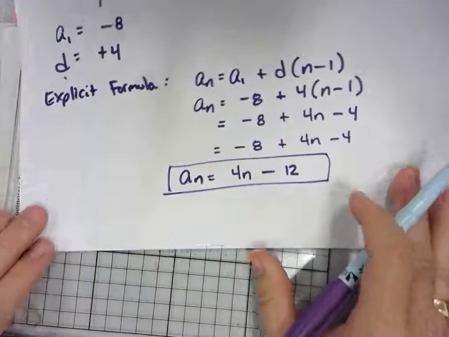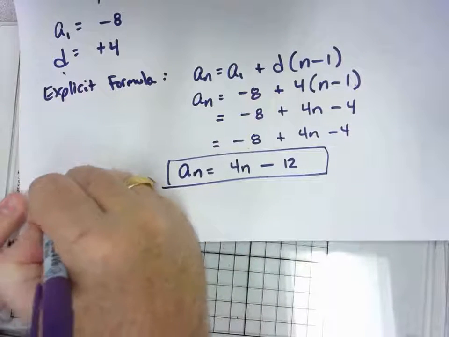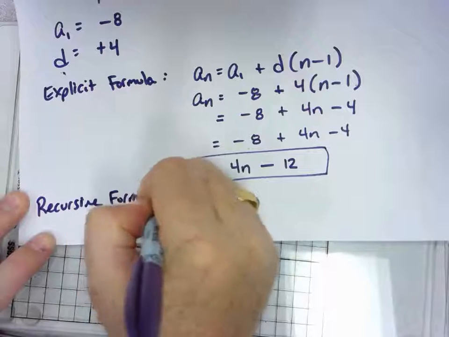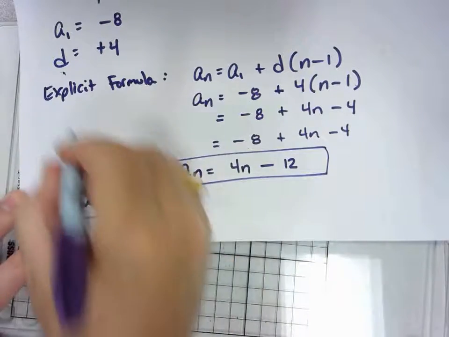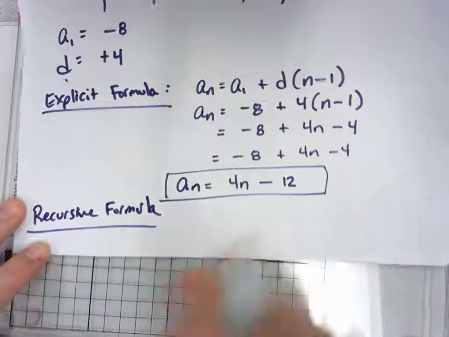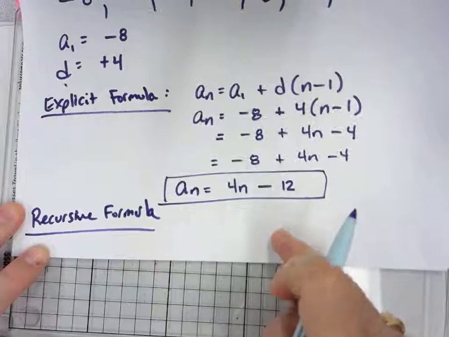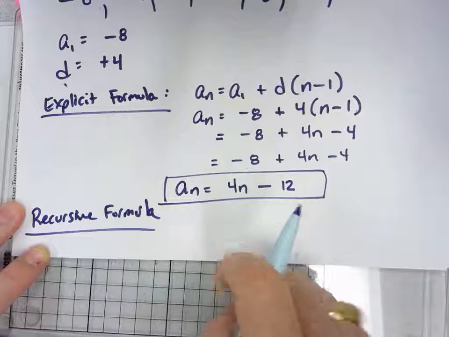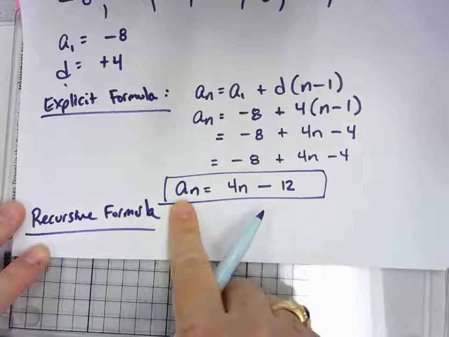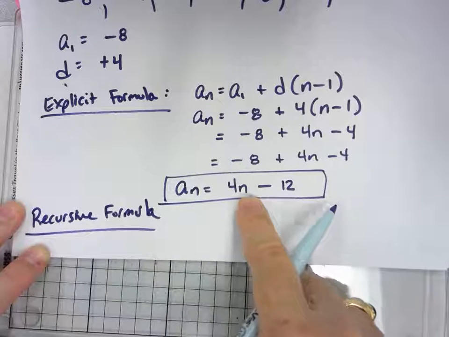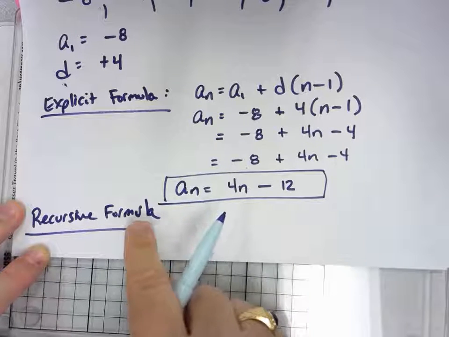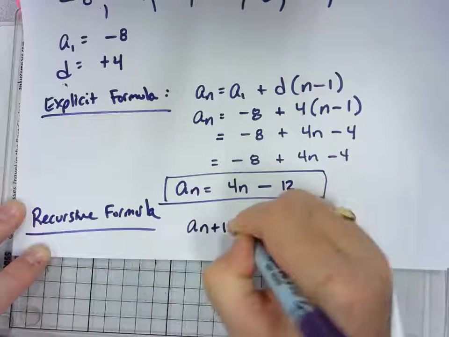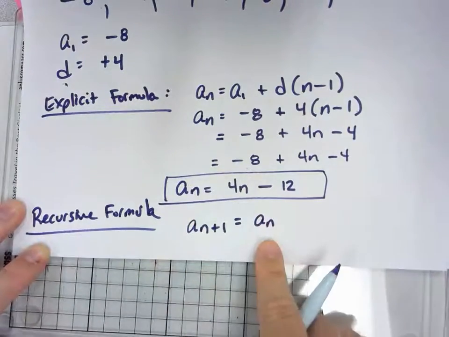Okay, the other type of formula was recursive. If you remember, the recursive formula was simply writing the next term in terms of the previous term. The explicit formula writes the term in terms of the term number. But for recursive, I would have a sub n plus 1 is equal to a sub n.